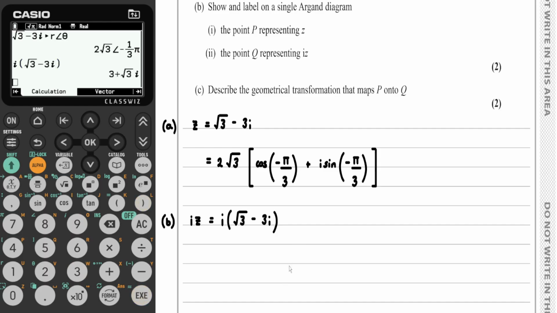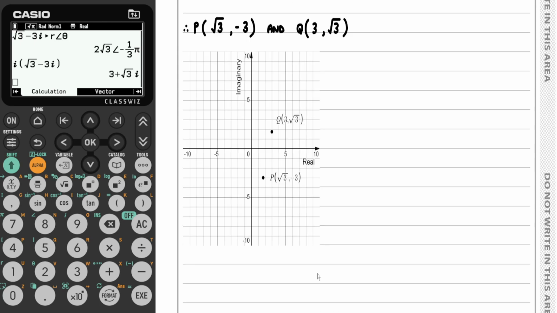It turns out we end up with 3 plus root 3i, and therefore P, which is represented by z, is given by (root 3, negative 3), and Q, which is represented by iz, is given by (3, root 3). Here are the points P and Q on a single Argand diagram.